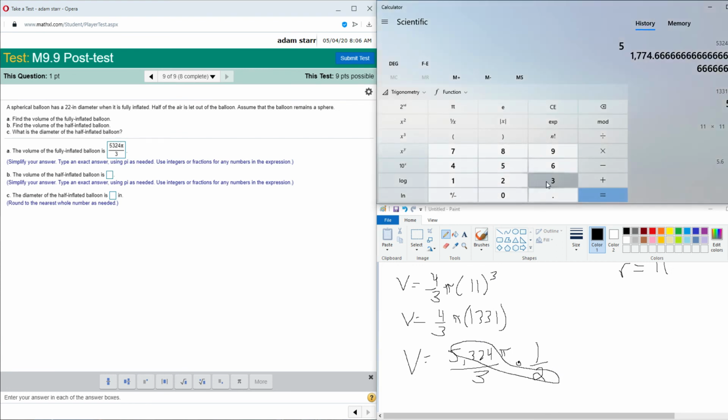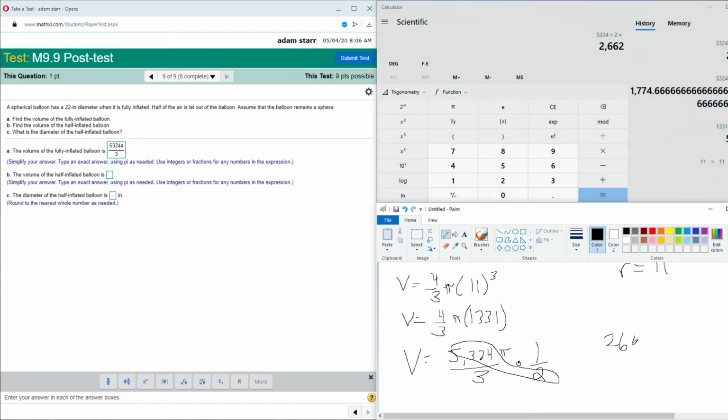So I'm doing 5,324 divided by 2 is 2,662. So my new volume will be 2,662 pi still over that 3. So that's half. It's basically just taking this number in the numerator and dividing it by 2.